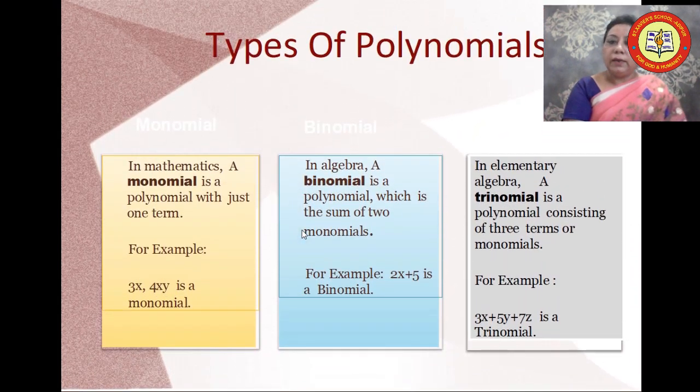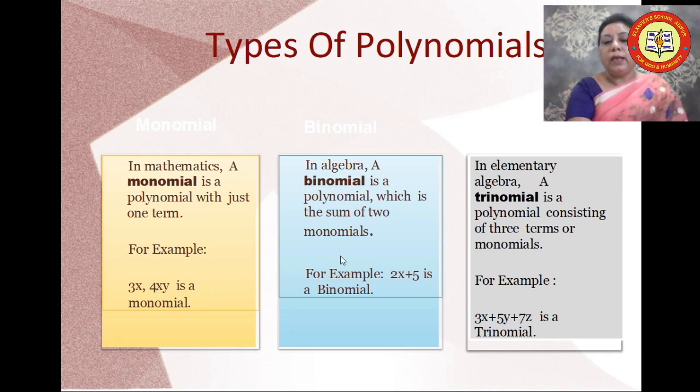There are different types of polynomials based on the number of terms which we have already learned. For example, a polynomial having only one term is known as a monomial. 3x and 4xy are the examples of monomial type of polynomials.